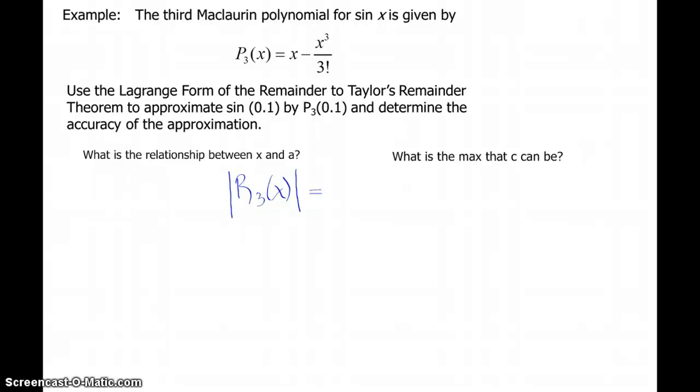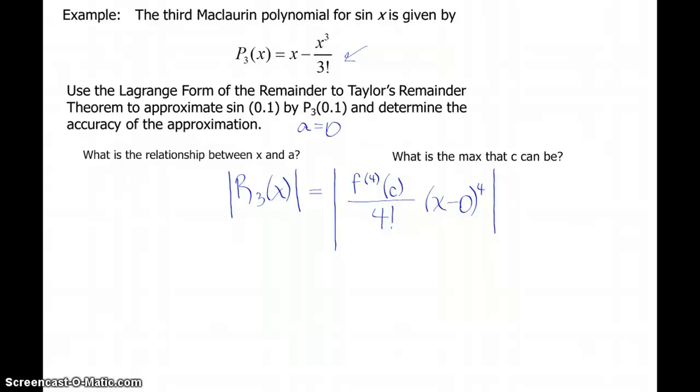So we have the third degree Taylor polynomial. R sub 3 says we're going to find the next derivative. We're going to evaluate it at this value c. We'll have to divide by 4 factorial, and then we'll have x minus a, which for us a is 0, to the 4th power.